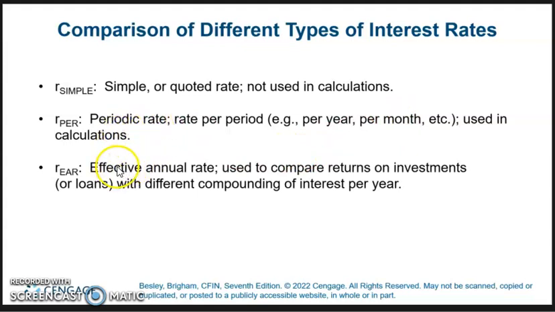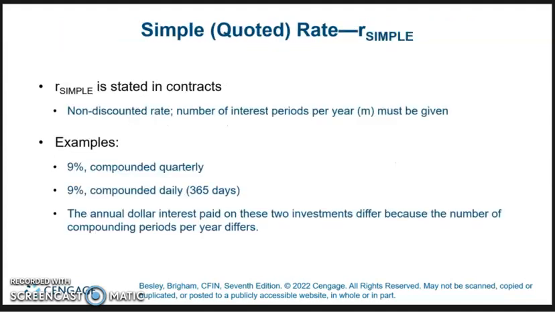When we're talking about investments, we'll compare the effective annual rates, because we might have different compounding periods on those investments. So the APRs might be slightly different.